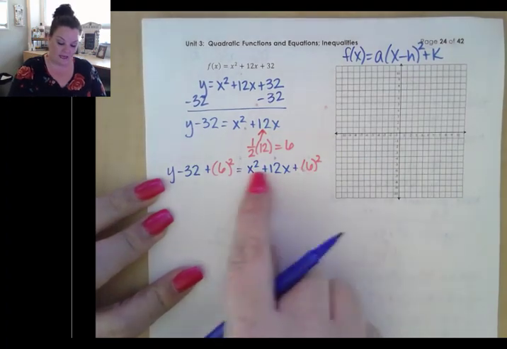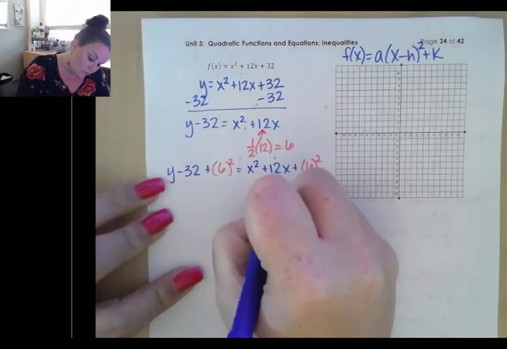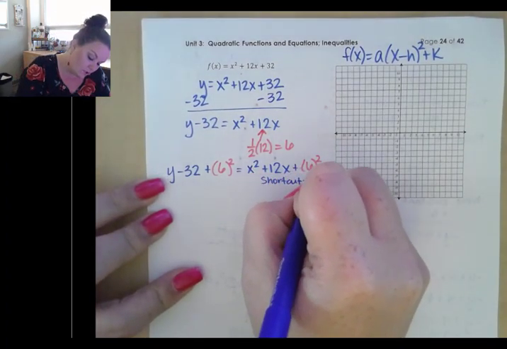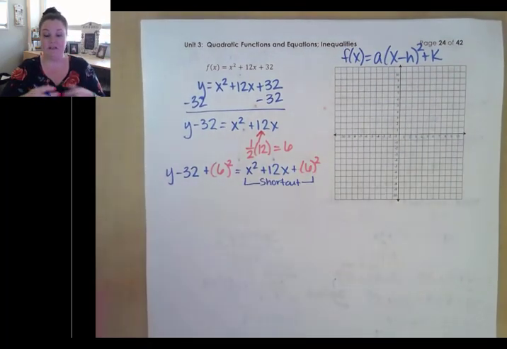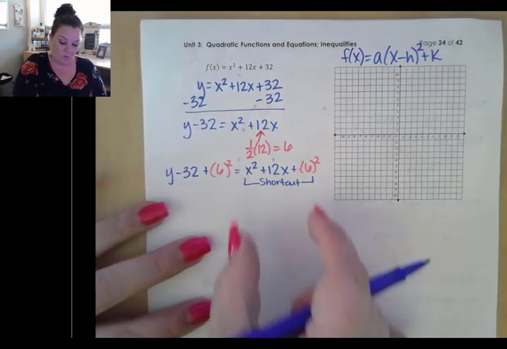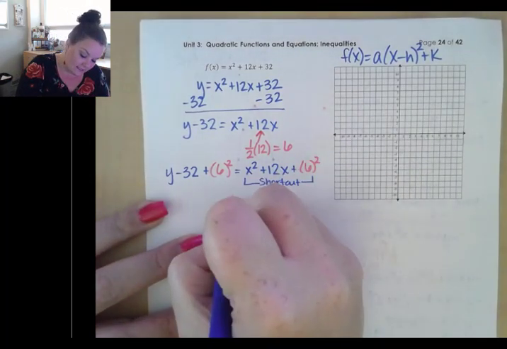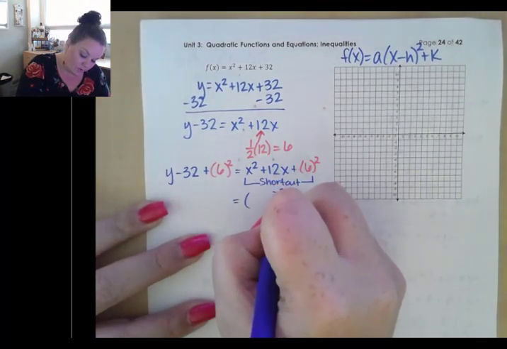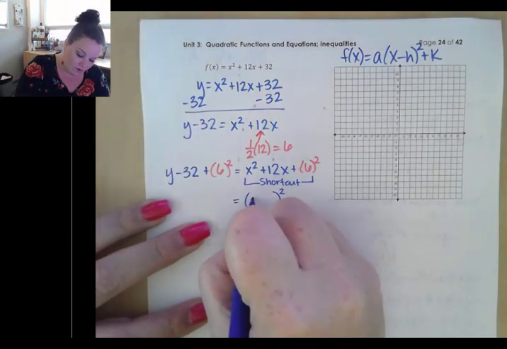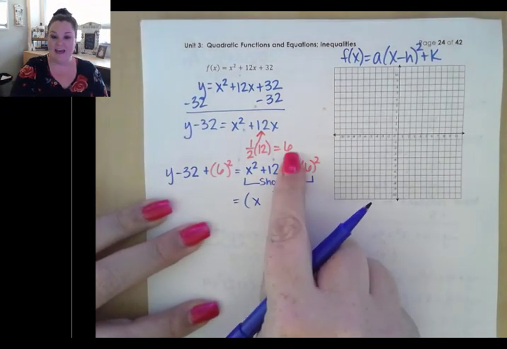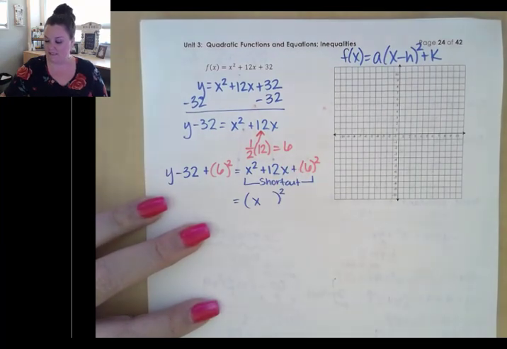So this side over here, we're going to do the shortcut with, because we should know what this whole mess becomes. When we do completing the square, we know that this side that has all the x's is going to turn into a perfect squared quantity. And what it factors into is our variable plus that half amount. In this case, the half amount was a positive 6.